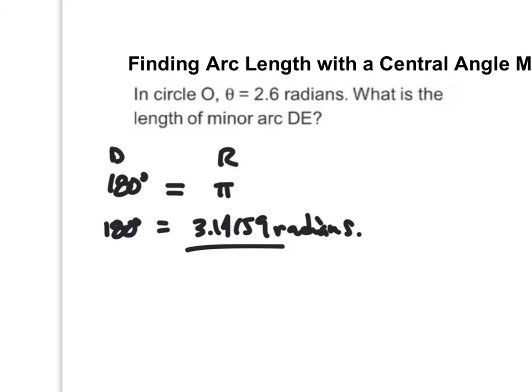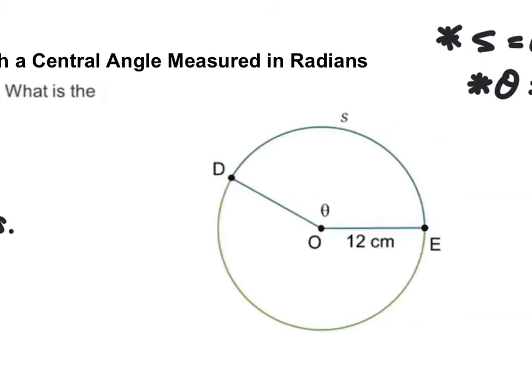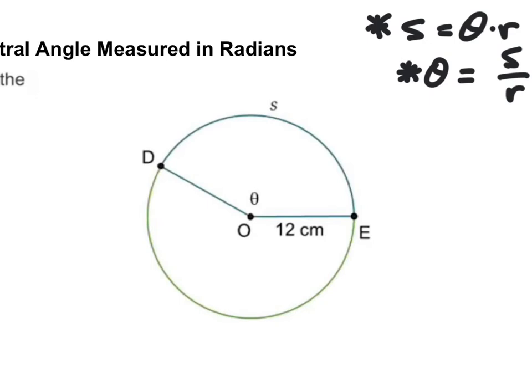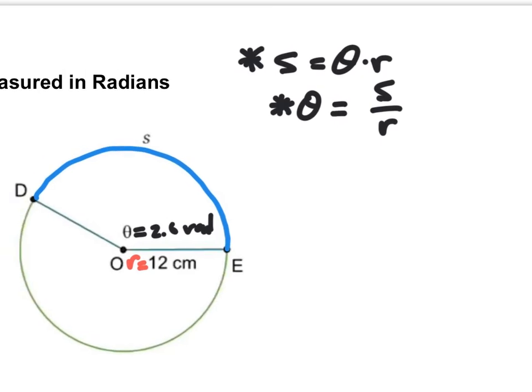So we have this angle here, theta, that's 2.6 radians, and we want to know the length of the minor arc DE. What I know is that theta is equal to 2.6 radians, and we're trying to find the length of s, this arc length from D to E. I also know that my radius is equal to 12 centimeters. So I'm going to use my formula to help me out.